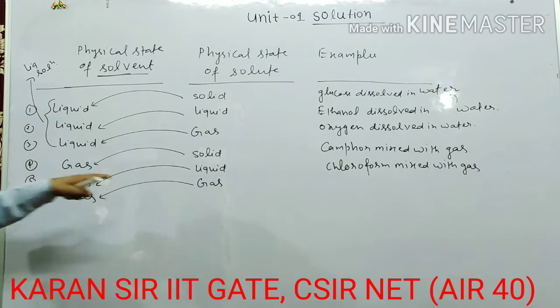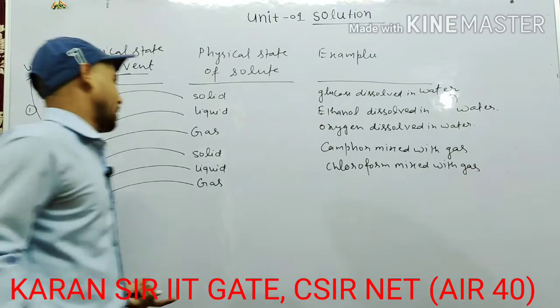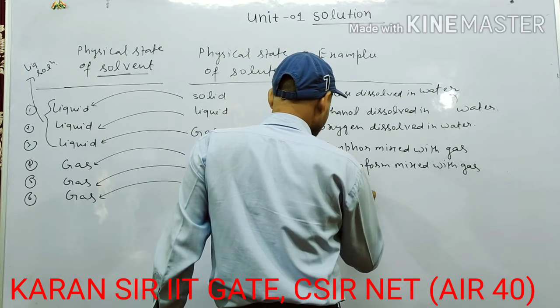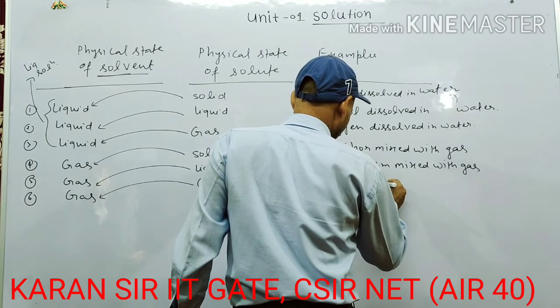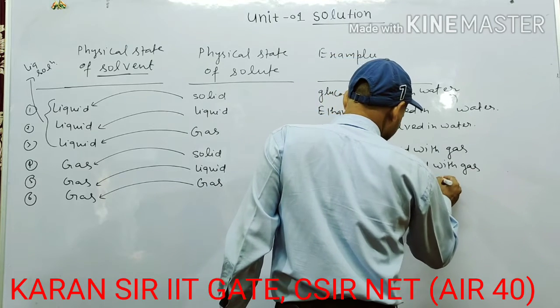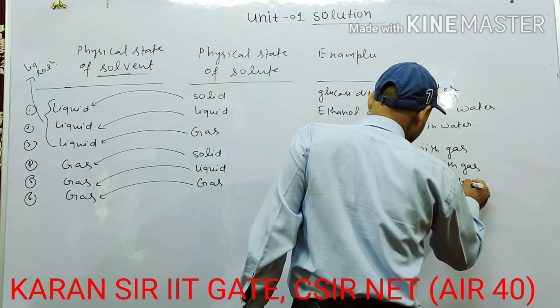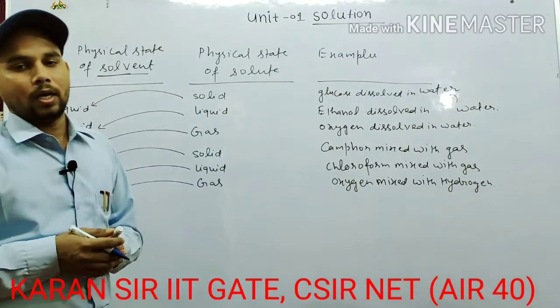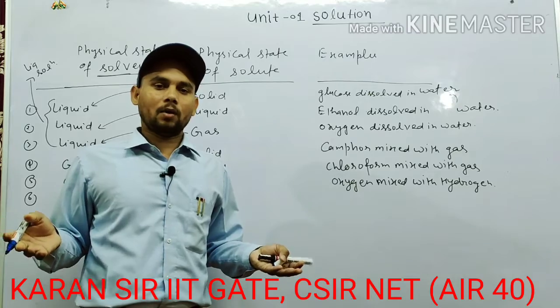Now, gas and gas, so there are many examples of gas and gas. Oxygen mixed with hydrogen. Okay, oxygen mixed with nitrogen, helium mixed with neon, argon mixed with krypton.